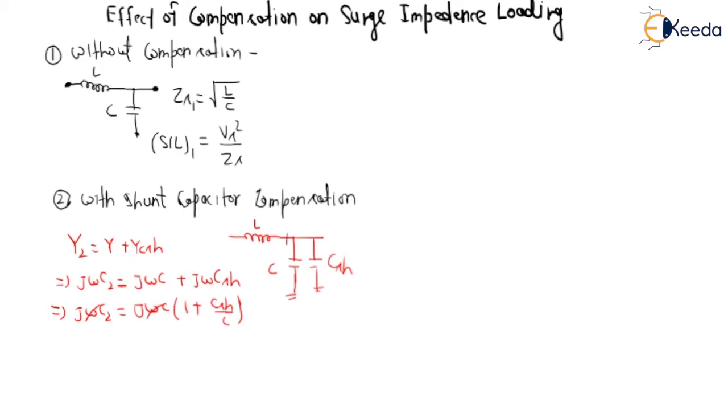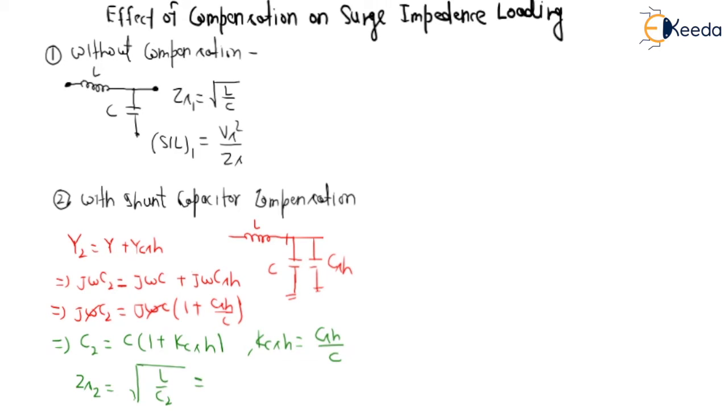If you want to write, then C2 will be equal to C times 1 plus KCSH, where KCSH is equal to CSH upon C. So C2 will become this. Now when we find the value of Zs2, it will become under root L upon C2.